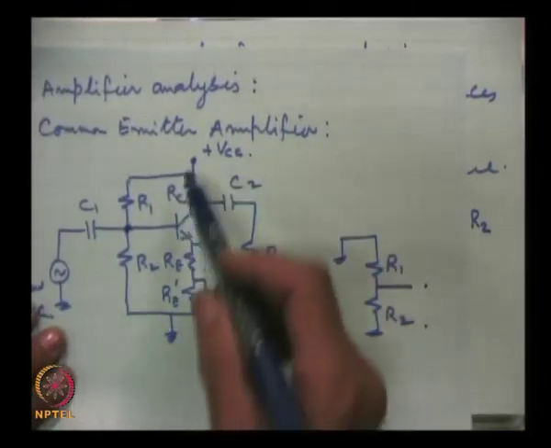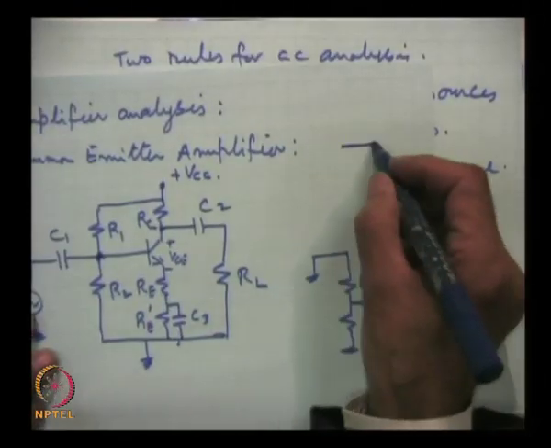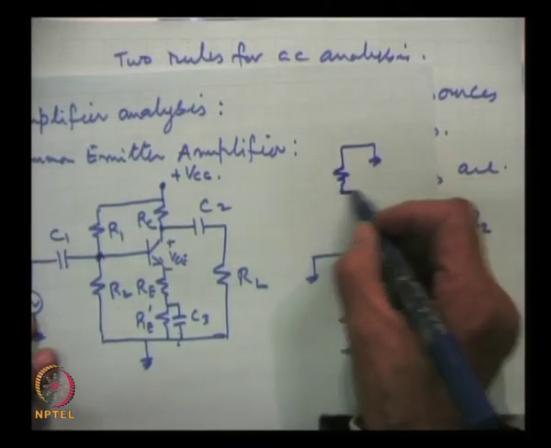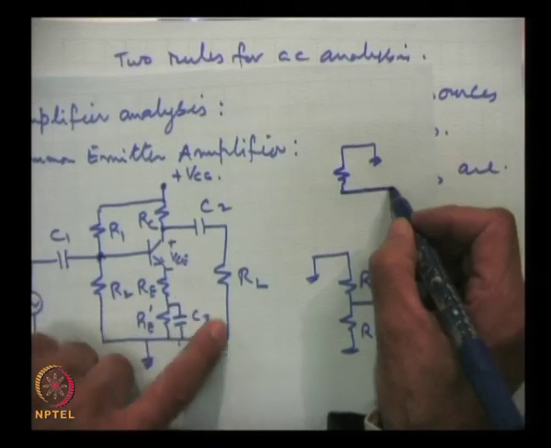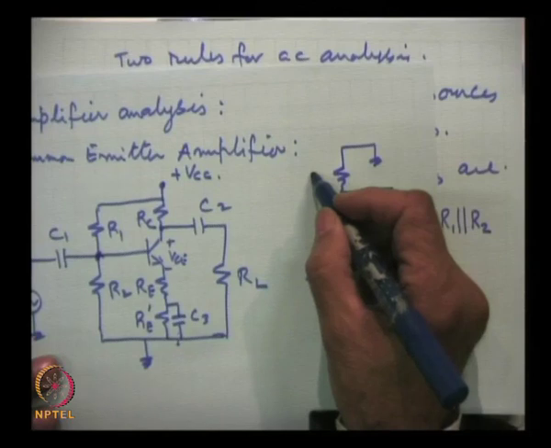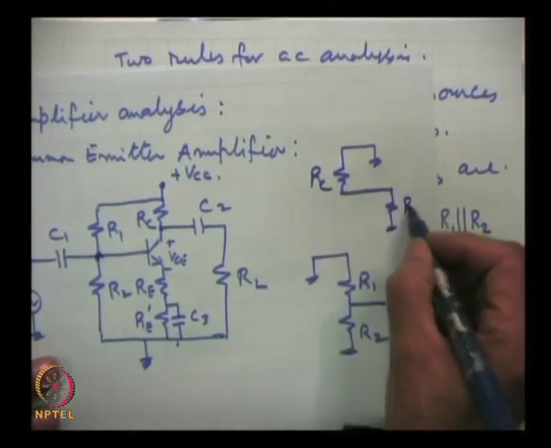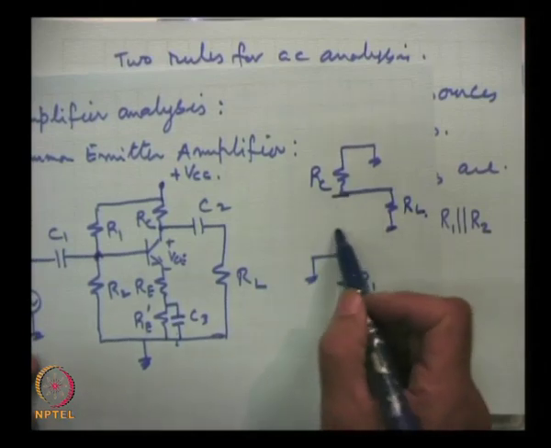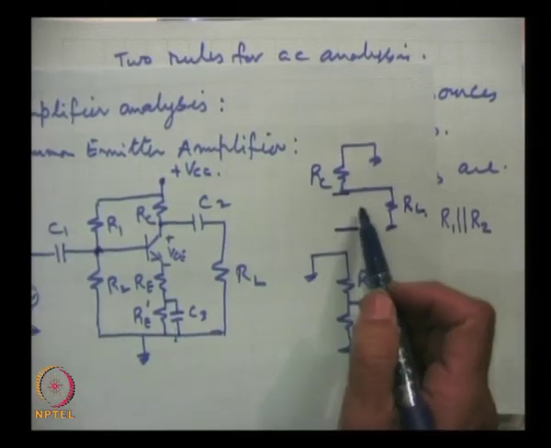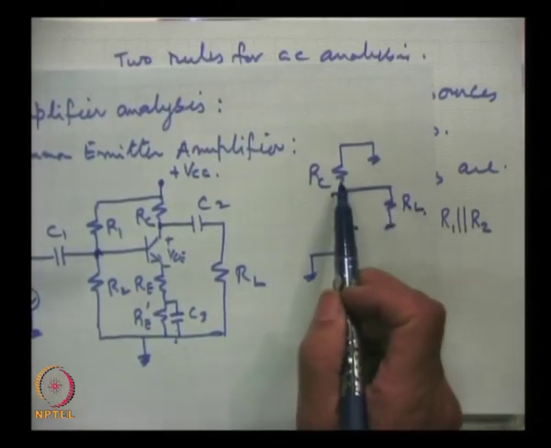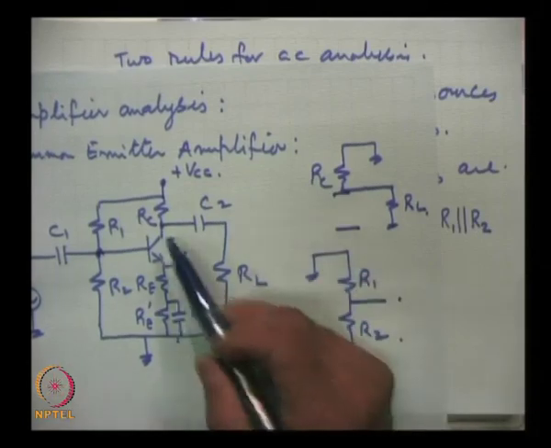Similarly, on the output side, when this terminal is grounded, this is RC and this capacitor is grounded, and this is RL. So, RC and RL, as seen between these 2 points, will be in parallel. This parallel combination is the impedance which is seen by the collector.